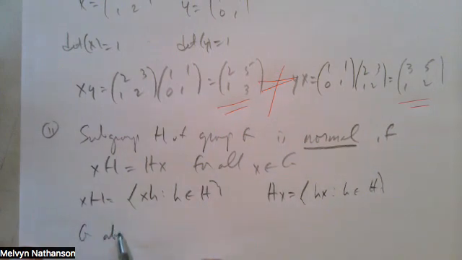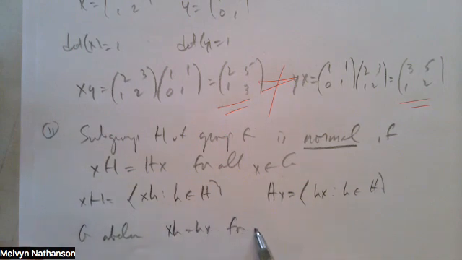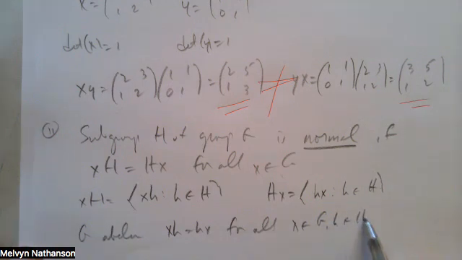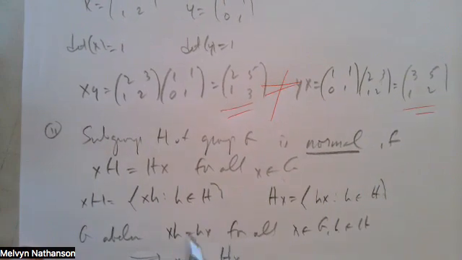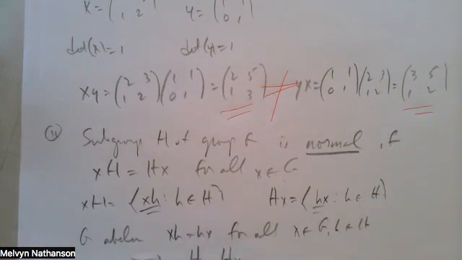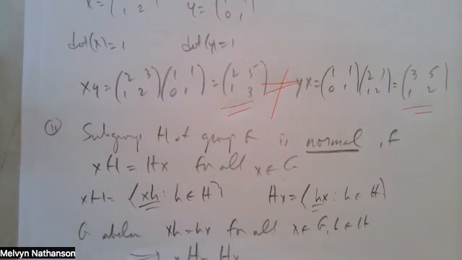So if G is abelian, xH equals Hx for all x in G. So then these two sets are the same, because this element equals this element if the group is abelian. So that's all you need to prove to say that every subgroup of an abelian group is a normal subgroup.